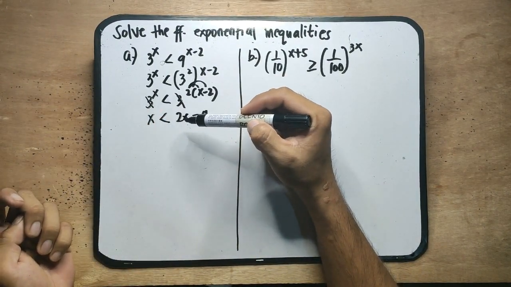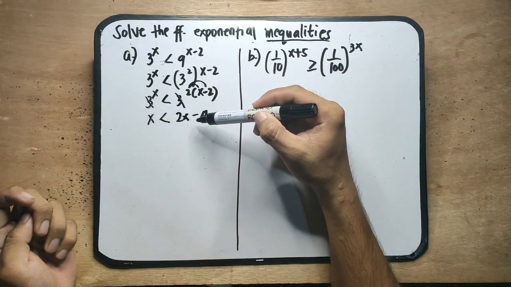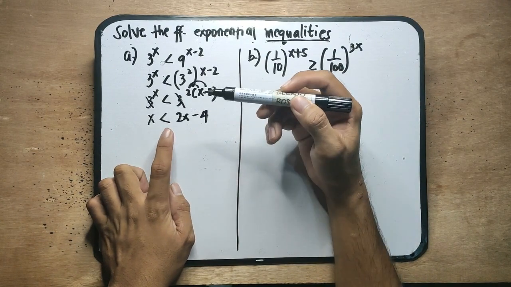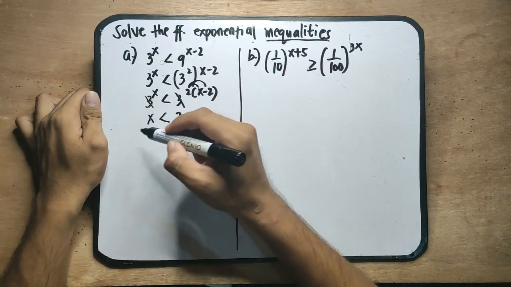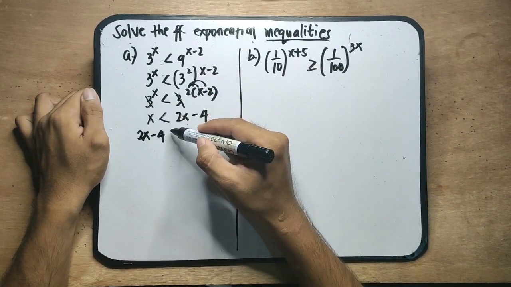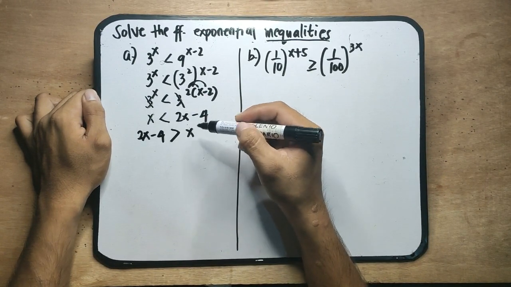Pero in this case, since we are talking about inequalities, when we swap their positions, ma-reverse din yung inequality symbol natin. So we swap their positions, 2x minus 4 dito, then from less than, it will become greater than, and then magiging x yung nasa right.